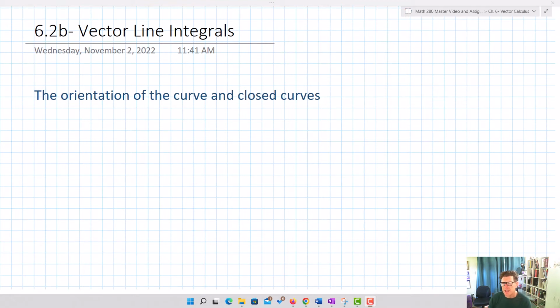The first thing we want to talk about is the orientation of a curve and also closed curves. Now that we're working in vector fields or force fields, it's really important to consider the orientation of the curve, or the closed curve.